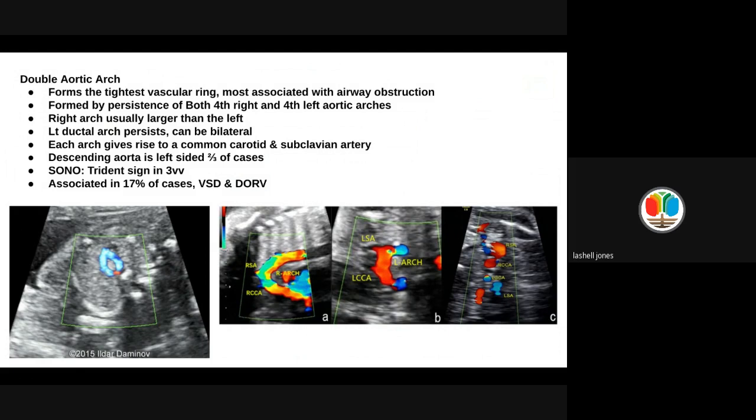And what happens here, when we go back to embryology, it is formed by the persistence of both the fourth right and fourth left aortic arch. Okay, so they both stayed. The right side, though, is going to be larger than the left. Right, and the sonographic finding is the trident sign, which you can see in the demonstration, the trident sign.